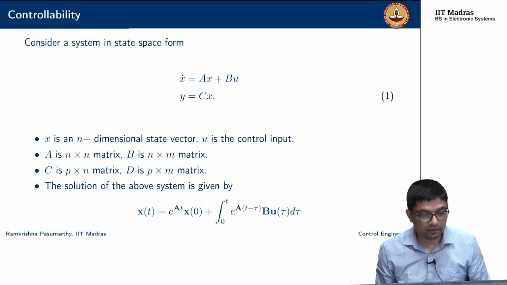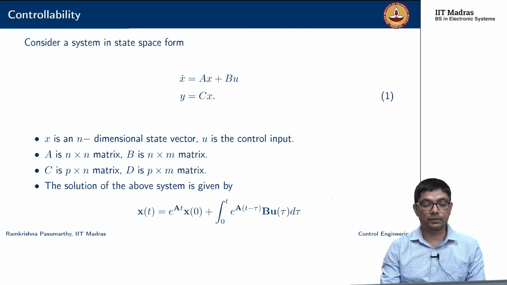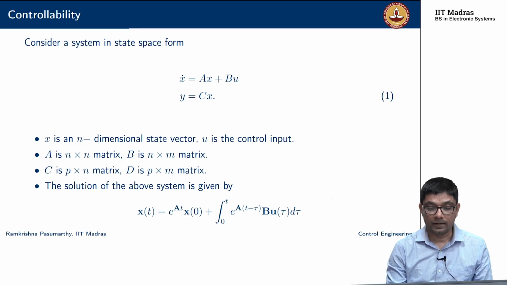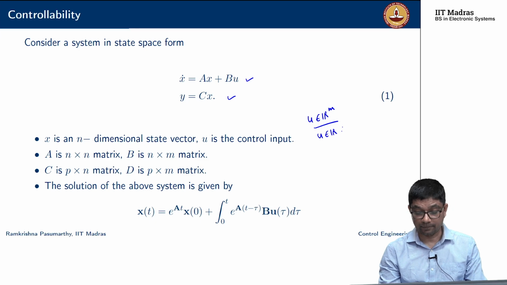Okay, so with that, the first important concept we will discuss is that of controllability. I start with x dot is Ax plus Bu, y is Cx. u can be an n-dimensional vector, but for the initial analysis we will assume that u is just a scalar without loss of generality.